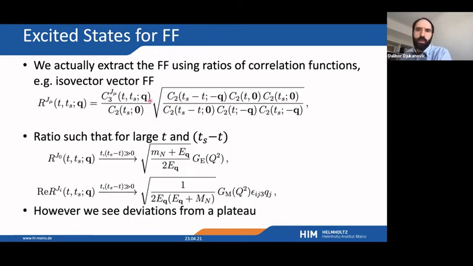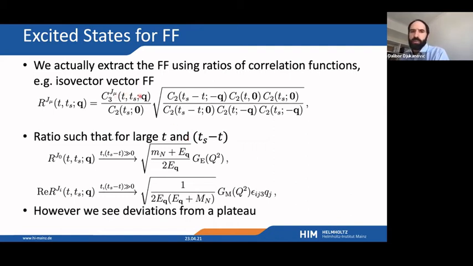Now the 2-point function, you already saw that there are problems with the extraction of the ground state matrix elements. But now we are looking at form factors, and in form factors, what we actually do on the lattice is not looking at the 3-point function here, but usually we look at ratios.